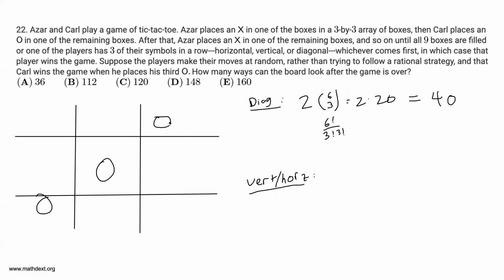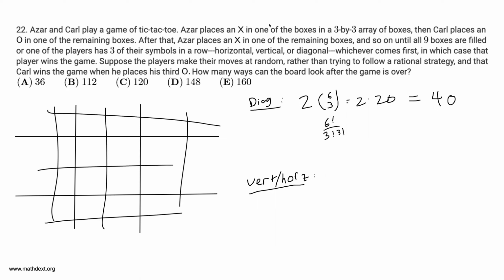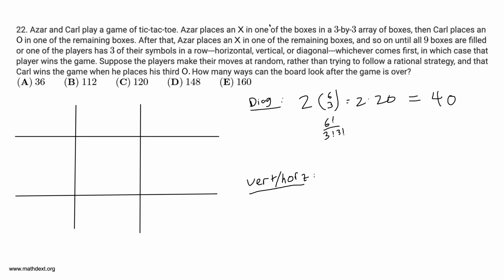Now, case 2 is if Carl's O's are vertically or horizontally. And it turns out that each of these 6 ways Carl can win vertically or horizontally, that's this one, this one, this one, that one, that one, and that one, they all have the same number of possibilities for final boards.